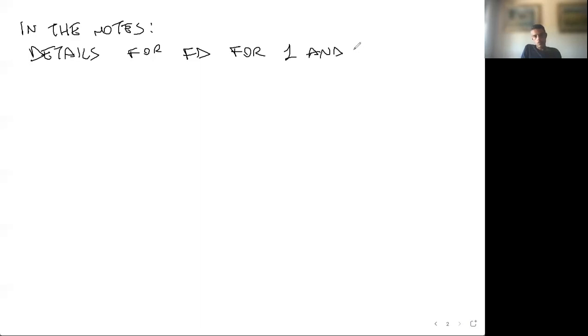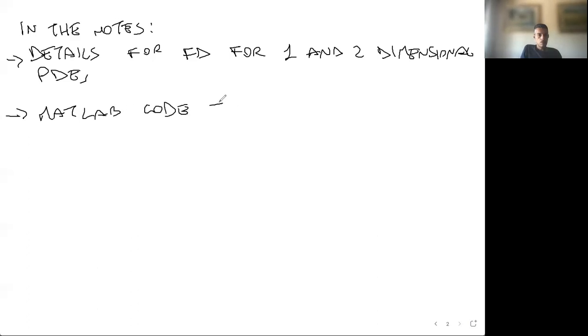In the lecture notes, you will find details for finite difference schemes for one and two dimensional PDEs, and also MATLAB code to approximate those PDEs.